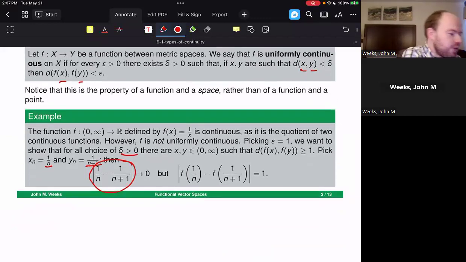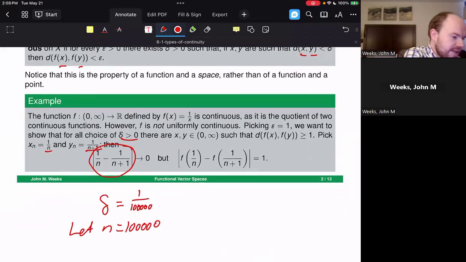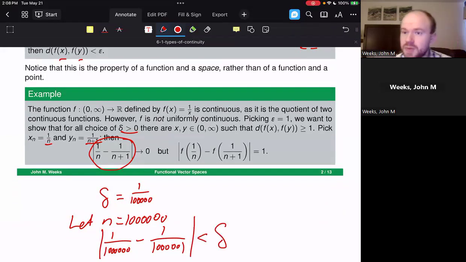So for example, if I chose my delta to be equal to 1 over a million, then I would say, okay, well, let n equal a million. Because now I could look at 1 over a million minus 1 over a million and 1. And that difference is going to be less than the delta that I've chosen.